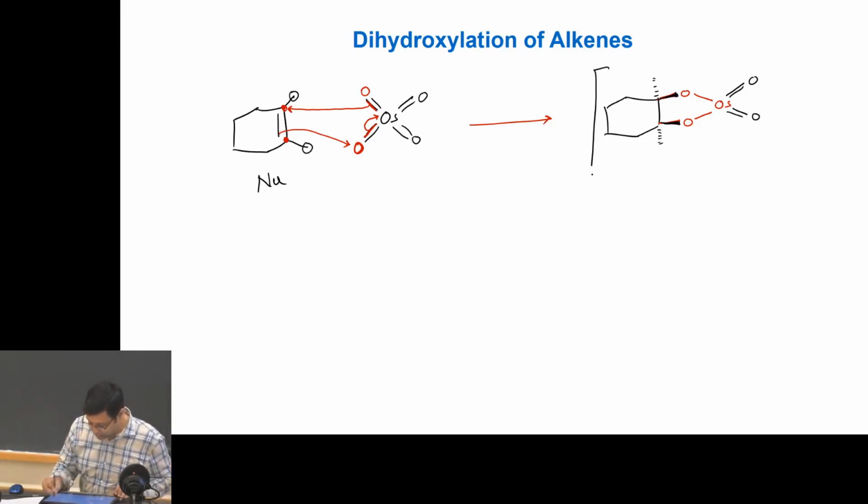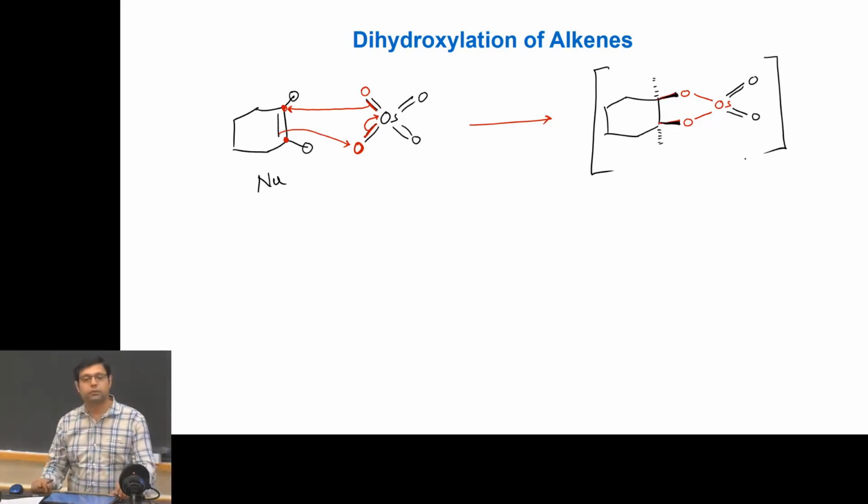So this is the intermediate in this reaction. Now you can have the attack of the osmium tetroxide from the top or from the bottom of the double bond with equal probability. I have shown you the intermediate when the attack happens from the top. You can draw a similar intermediate when the attack happens from the bottom.